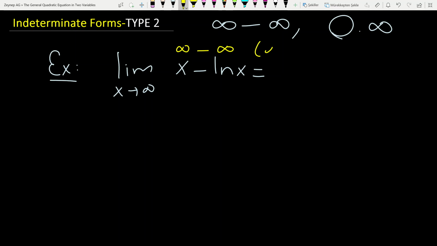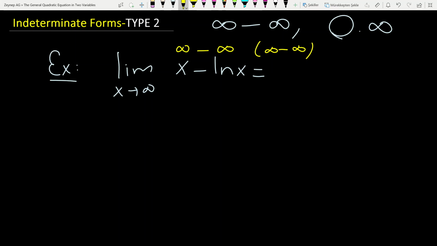So you have the infinity minus infinity case, and it means you cannot apply L'Hopital's rule directly. If you have 0 over 0 or infinity over infinity, then of course you can apply L'Hopital's rule. Otherwise you cannot. So in this case, what's your idea?